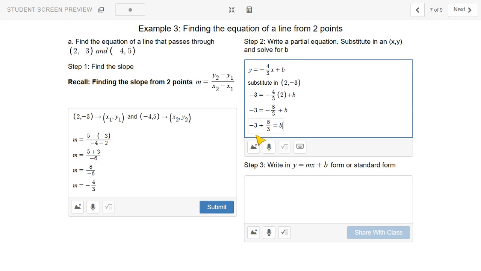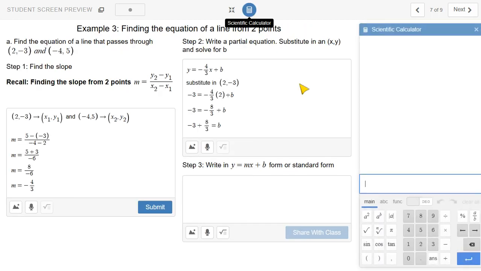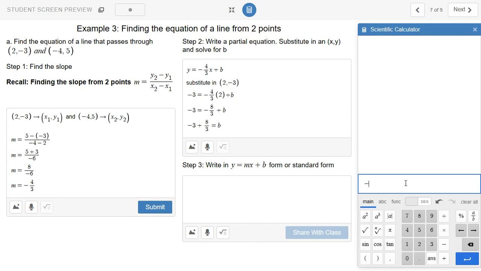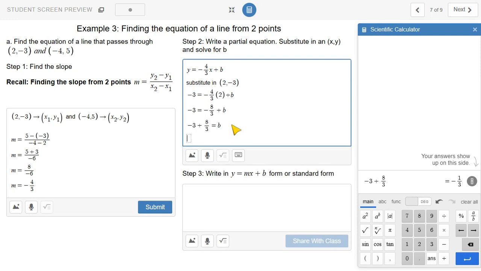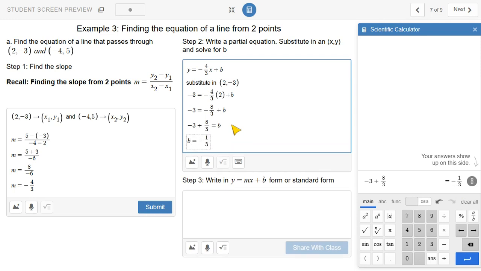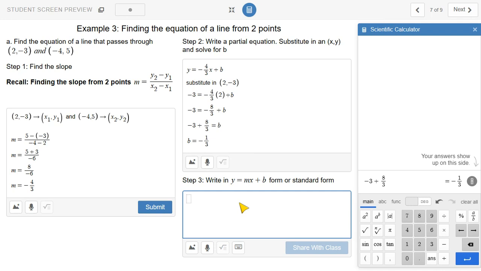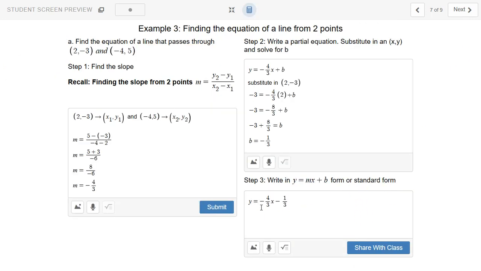Now, if you don't want to solve fractions the long way, we could do it with a calculator. Negative 3 plus 8 over 3. We get the fraction negative 1 over 3. So our equation is y is equal to negative 4 over 3x minus 1 over 3. Now, if we want to convert this into standard form, we're going to need to get rid of our denominators.